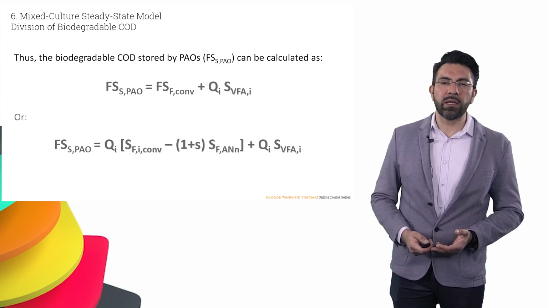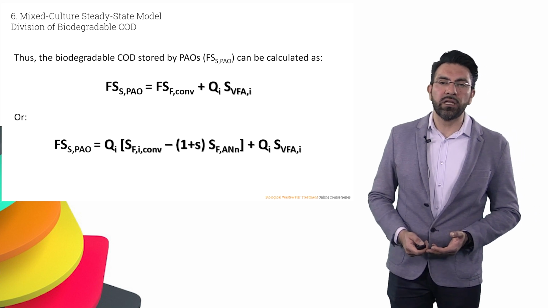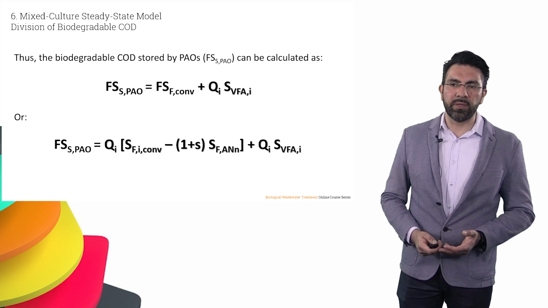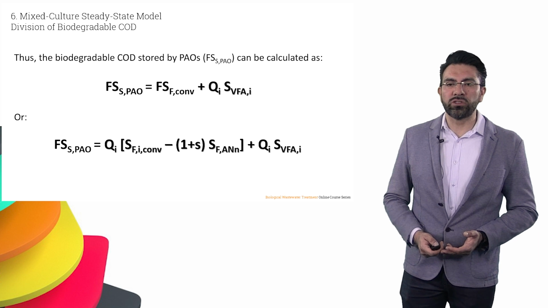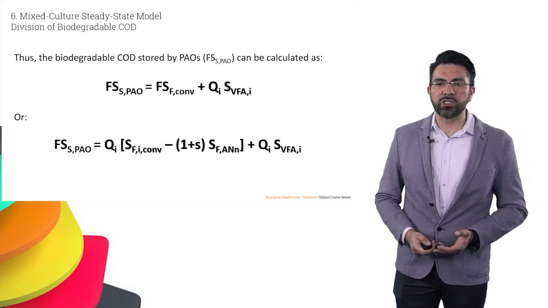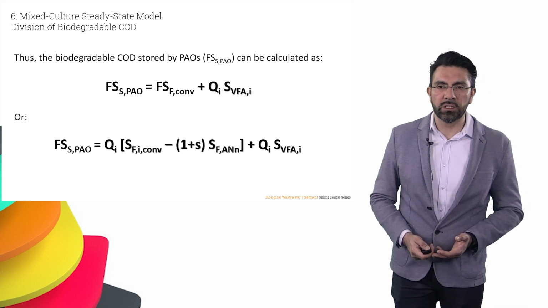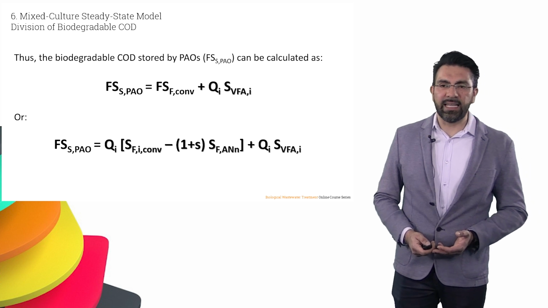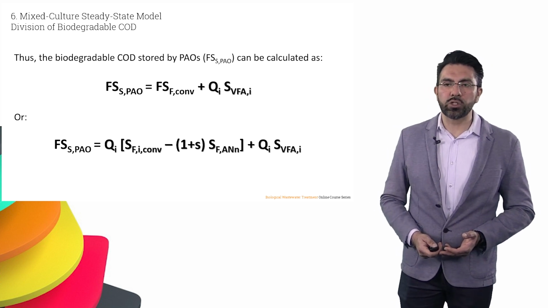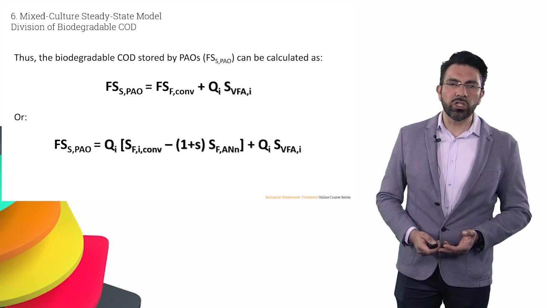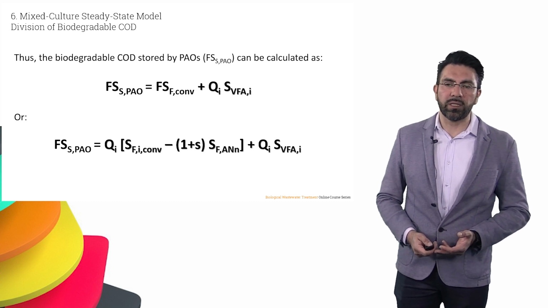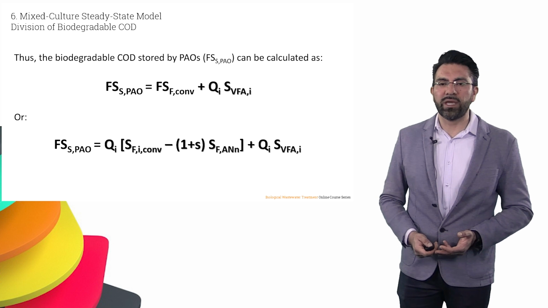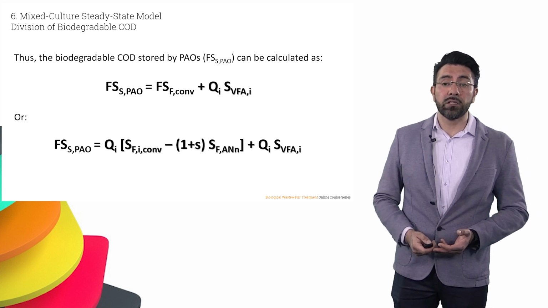When we know this amount, we can estimate the flux of biodegradable COD that is stored by the PAOs, calculated based on that flux of fermentable COD that is actually converted and consumed in the anaerobic reactor, plus the flux of volatile fatty acids that the PAOs can store and that are present in the influent. As such, the total flux of biodegradable COD that can be stored by the PAOs is a function of the flow rate times the concentration of fermentable COD that we have initially in the system, but that can be subject to conversion.